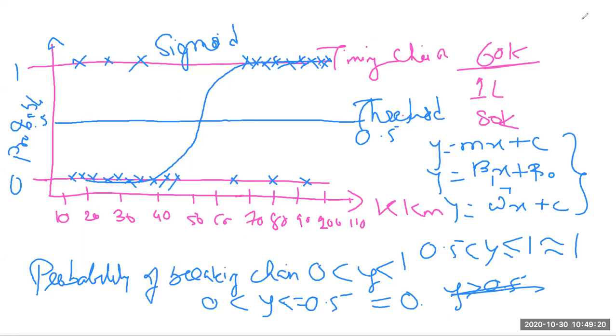In linear regression, we had an equation of the form y = mx + c, that is y = beta 1 x + beta 0. Instead of using this equation, a sigmoid function is used to calculate the probability, and based on the threshold, this probability is classified to class 0 or class 1. That is what is basically done in logistic regression.